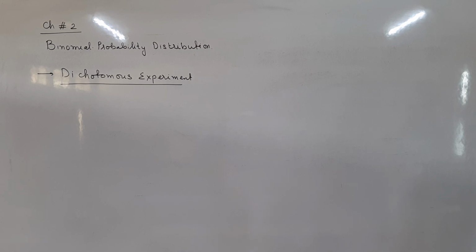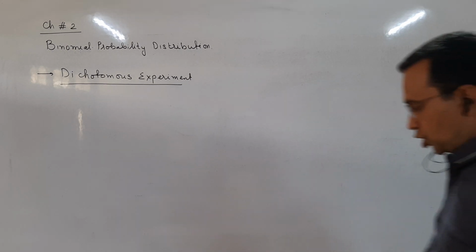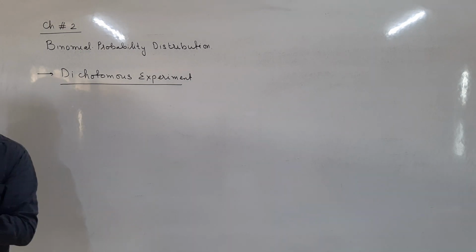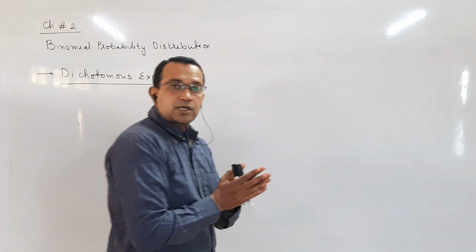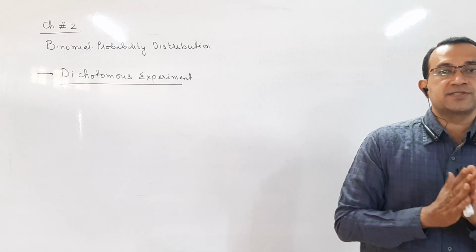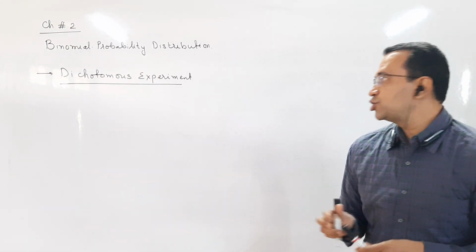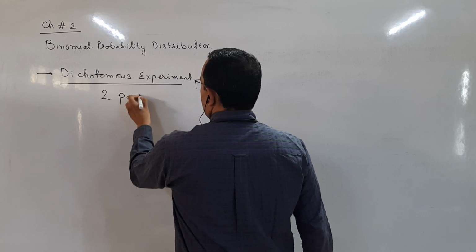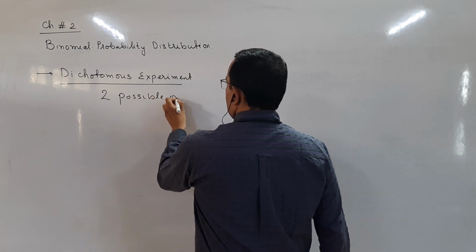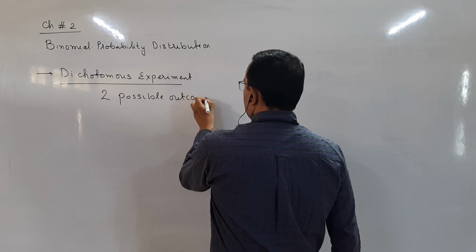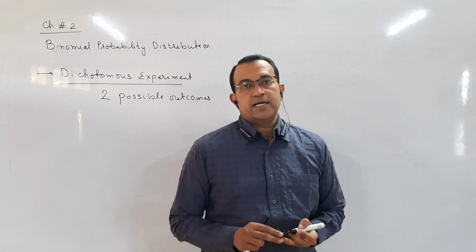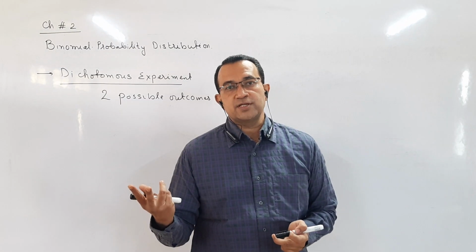Students, we may come across some experiments which have only two possible outcomes. In practice, we may come across some experiments which have only two possible outcomes. The best example: you appear for an examination and there are only two possible outcomes of this experiment.